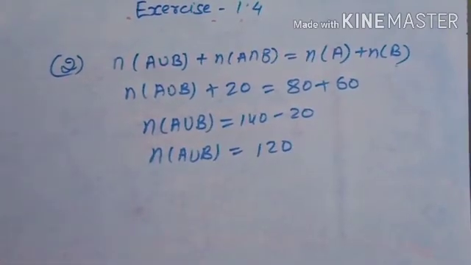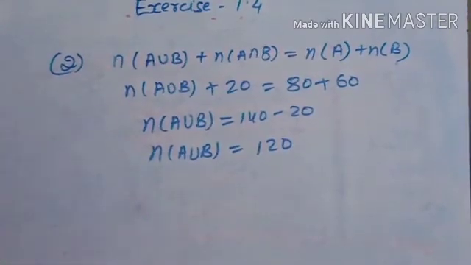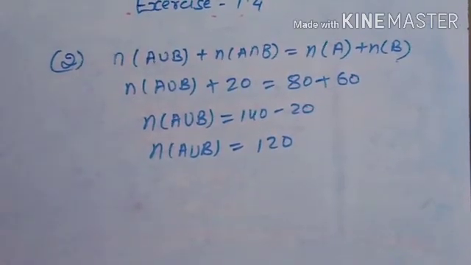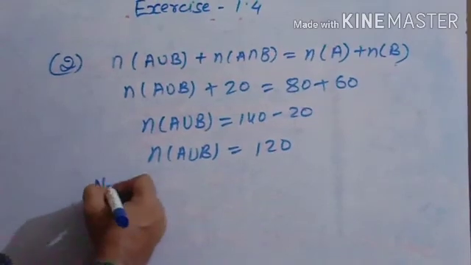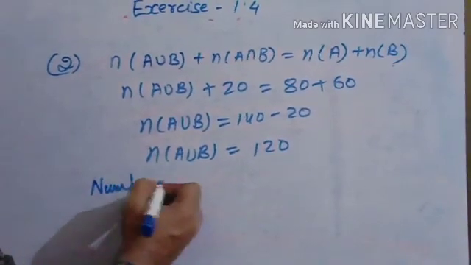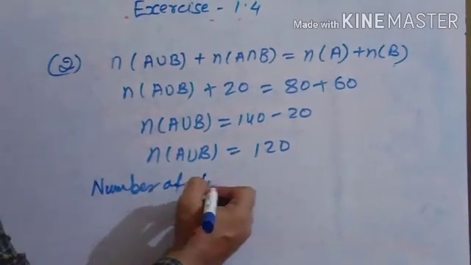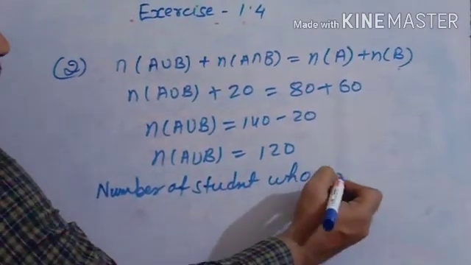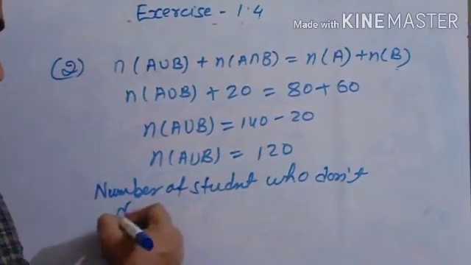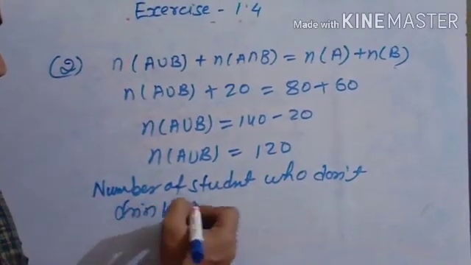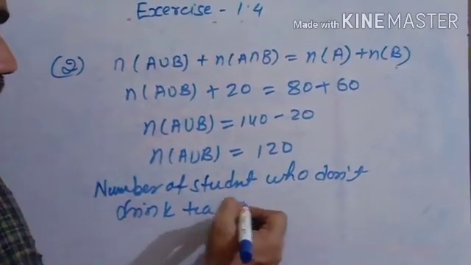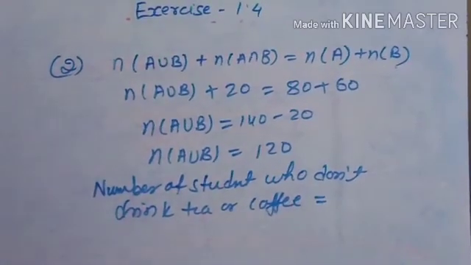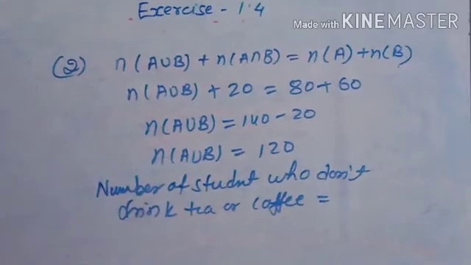Now we find the number of students who don't drink tea or coffee. Number of students who don't drink tea or coffee is equal to, total students are 125.